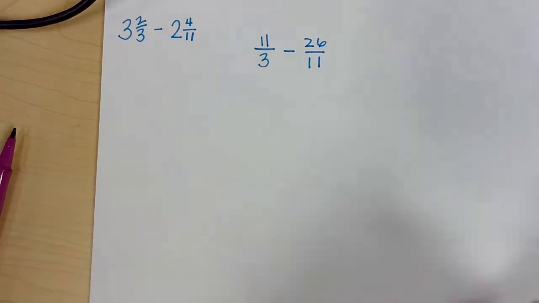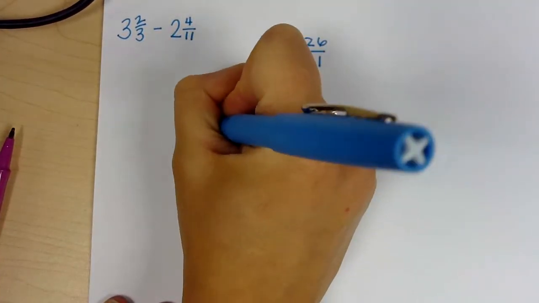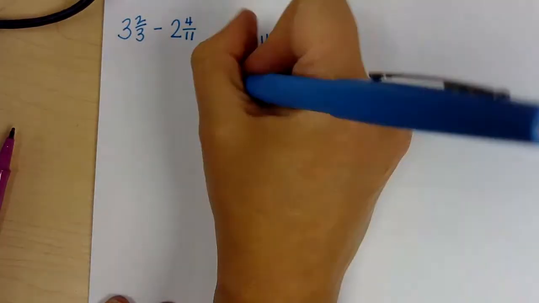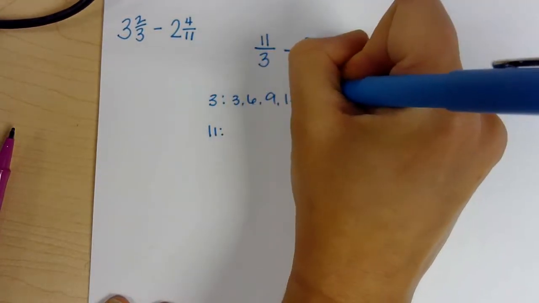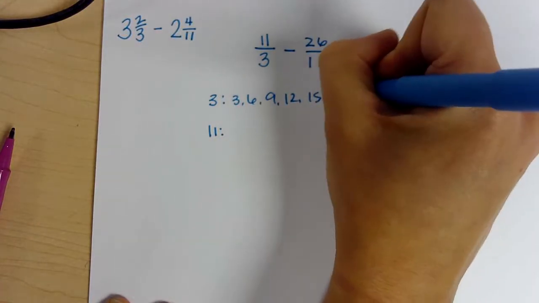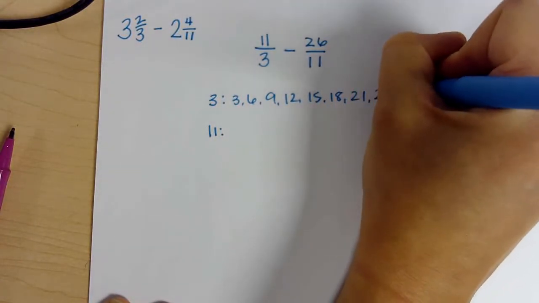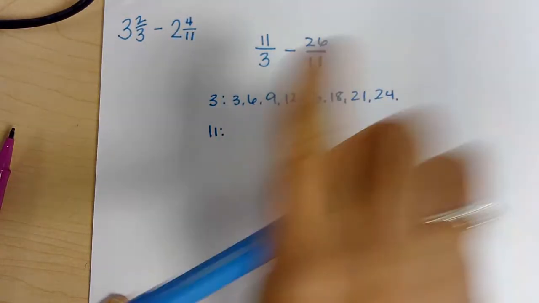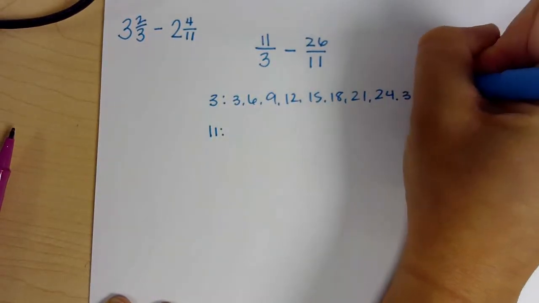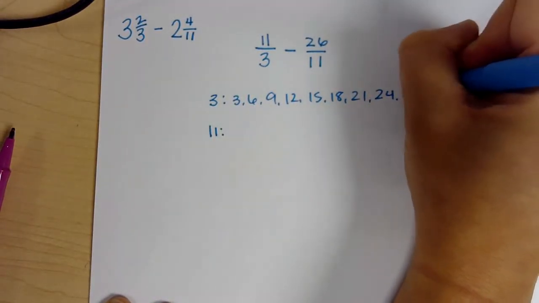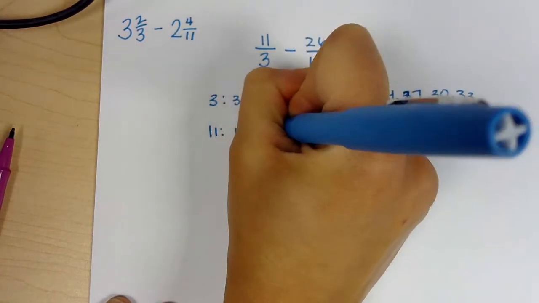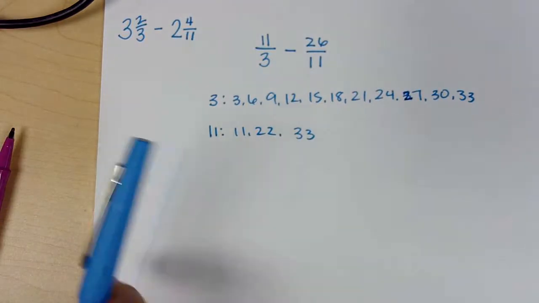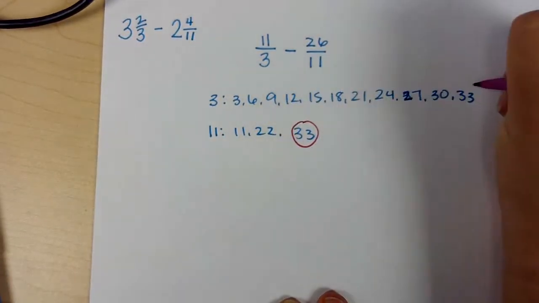I've got my denominators of 3 and 11. What is my common denominator? Well, I know that my multiples of 11 just keep on: 11, 22, 33. And counting by 3, 27, 30, 33. 33 is my match here.